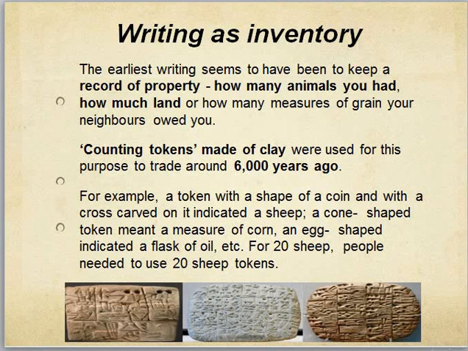A cone-shaped token meant a measure of corn. An egg-shaped one indicated a flask of oil, etc. For 20 sheep, people needed to use 20 sheep tokens. It means that someone who wants to buy 10 sheep would give that amount of tokens.